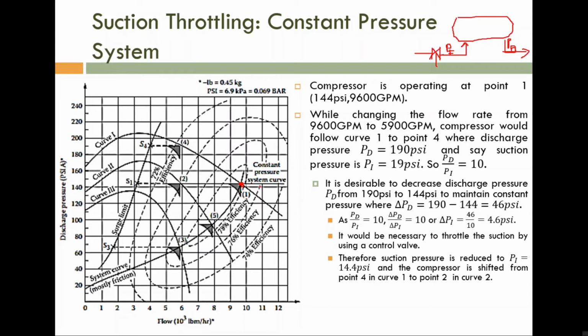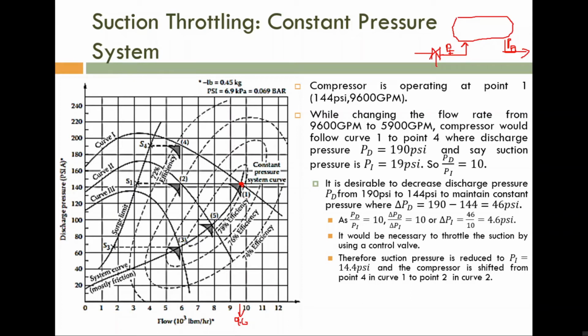Is it okay? So now, corresponding to this operating point, the flow rate is say around 9.6 kilo, or gallons per minute.